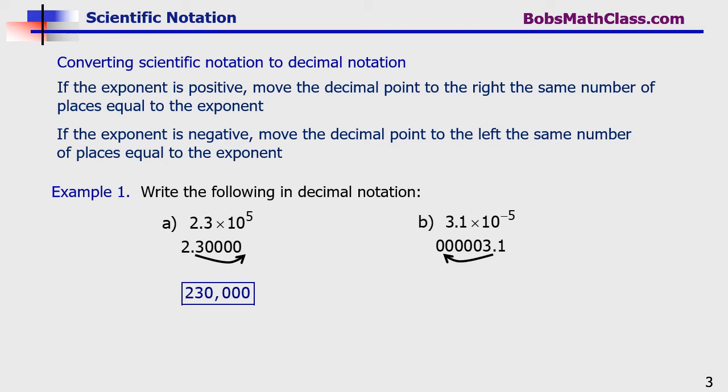And then put your decimal point. So it's 0.000031. There's 4 zeros in front of the 3. If you wrote just .000031, that's okay. Usually we like to put a number in front of the decimal point just to clarify where the decimal point is. So it's 0.000031. It looks better.